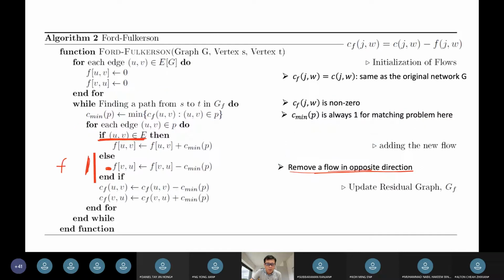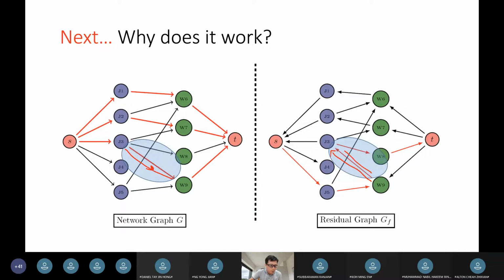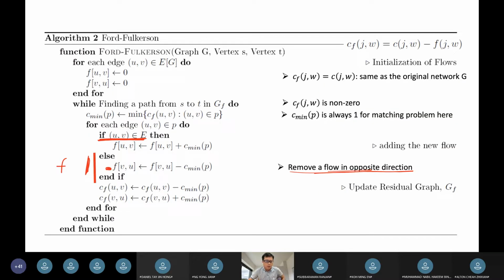So how do we remove that? Maybe I delete this for you to easily observe. Okay. So I already highlighted. So you look at this, right? If UV belongs to E, if not belong to E, then we do the else, right?